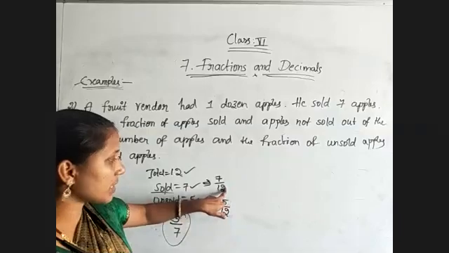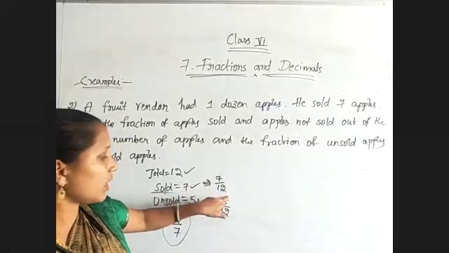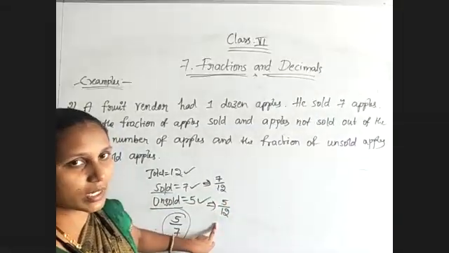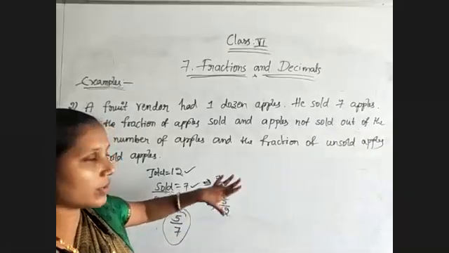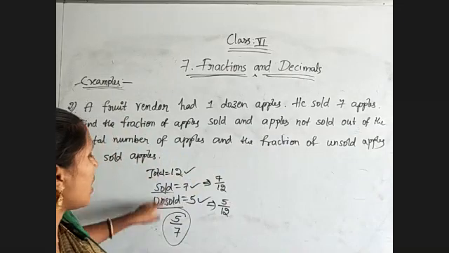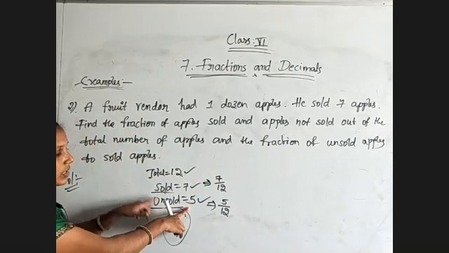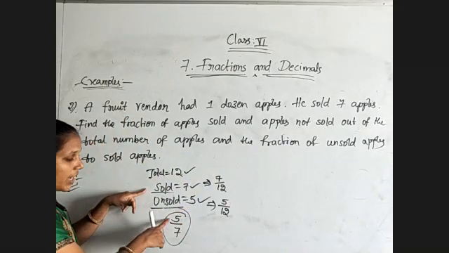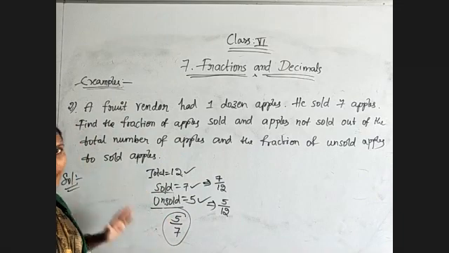So the sold apples fraction is 7 by 12 and 5 by 12 is the unsold apples fraction. Coming to the last question, the fraction of unsold apples to the sold apples. Unsold apples are 5, sold apples were 7. So 5 by 7, 5 out of 7.